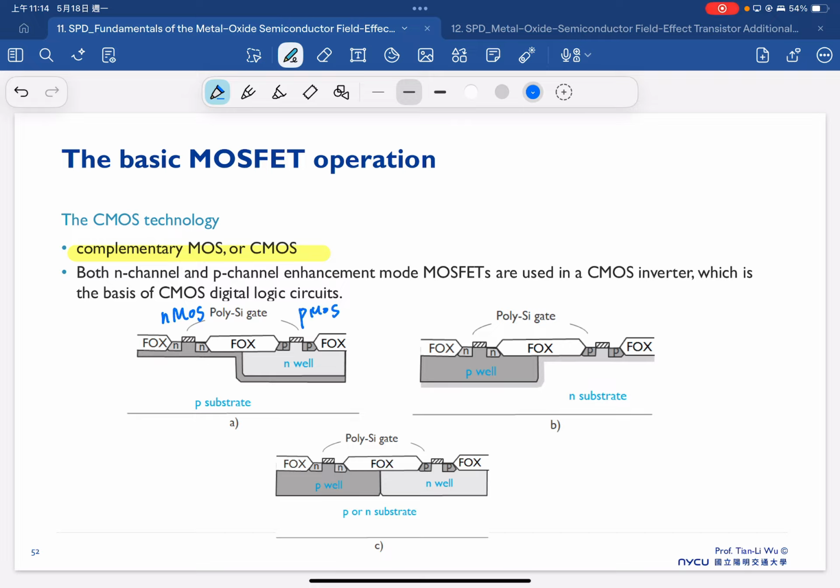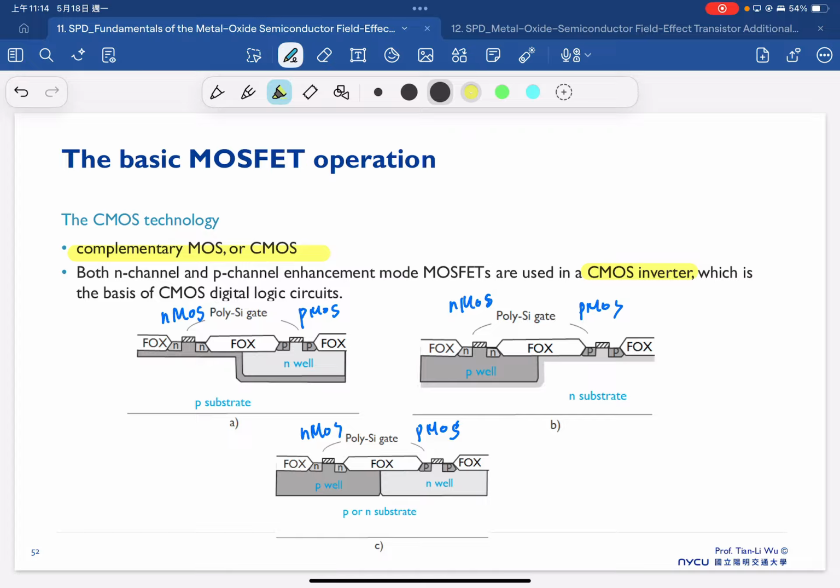There are several different possibilities to make the NMOS and PMOS side by side together, for example, figure A, figure B, or figure C. The most important reason we need NMOS and PMOS is that we can make a CMOS inverter, which is the basis for CMOS digital logic circuits.